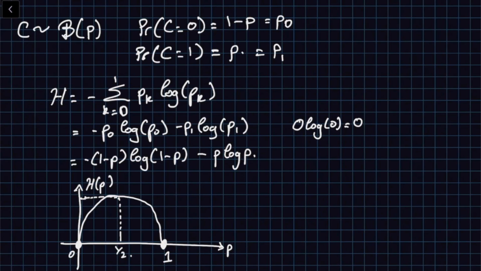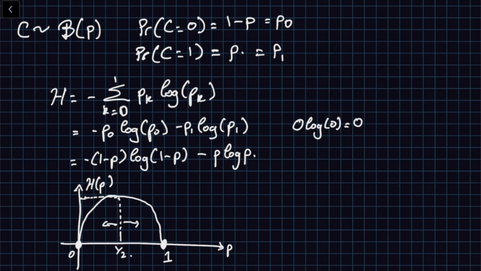This makes absolute sense, because when you have a weighted coin, say it's more towards 0 than 1, say P0 is greater than P1, then you're over here. You start having less and less uncertainty. And likewise, when P0 is less than P1, this guy's symmetric, so you start having less and less uncertainty.